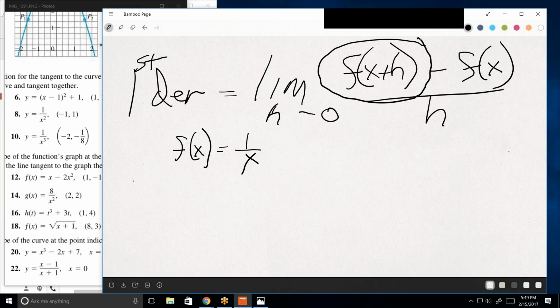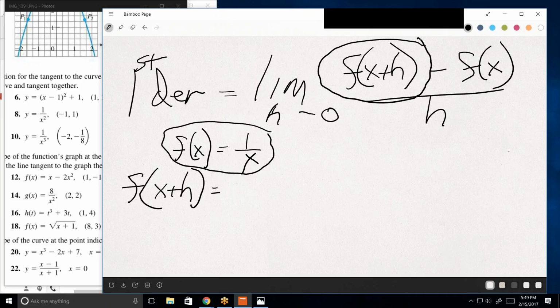With me? Yes. You agree? Yes. Okay. Start off figuring out what f of x plus h is. So would it be x plus h quantity squared? Hold on. Here's our function, not the original function we started with. Our function's 1 over x.